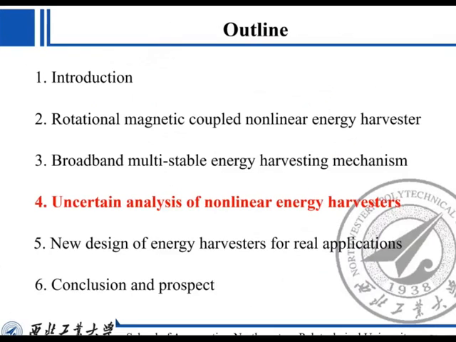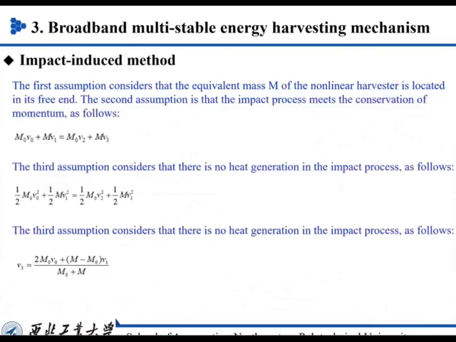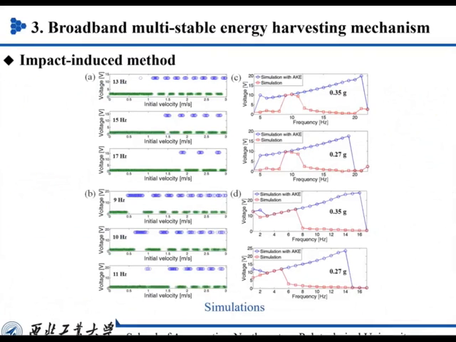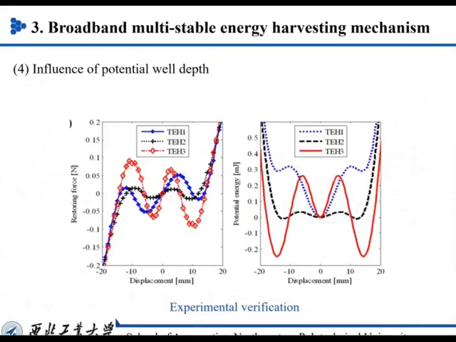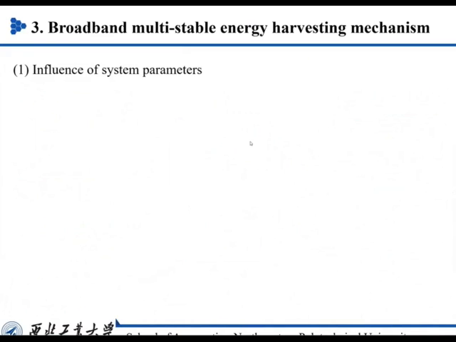The next one is uncertainty analysis of nonlinear energy harvesters. We know that nonlinear energy harvesters are very sensitive to the excitation conditions, and also very sensitive to their parameters. We can see this from these pictures.